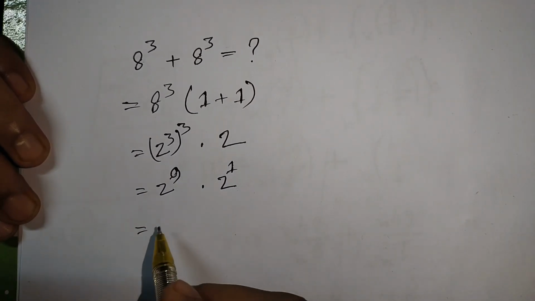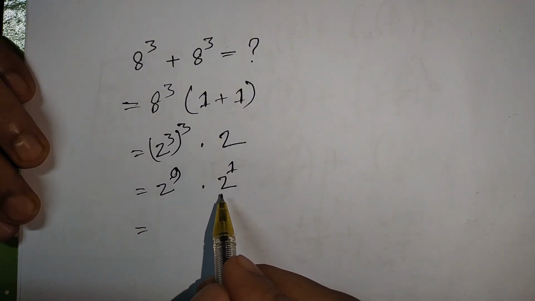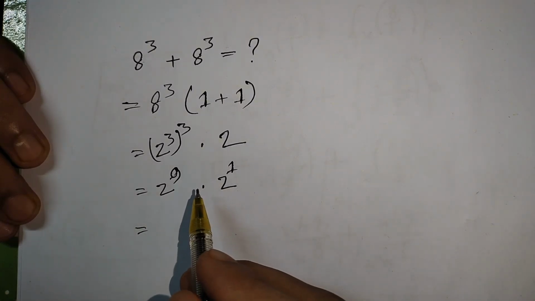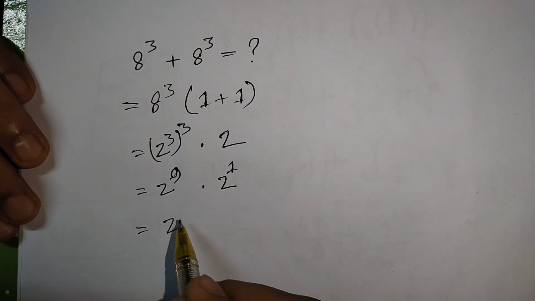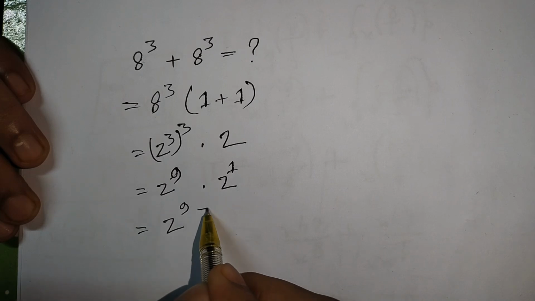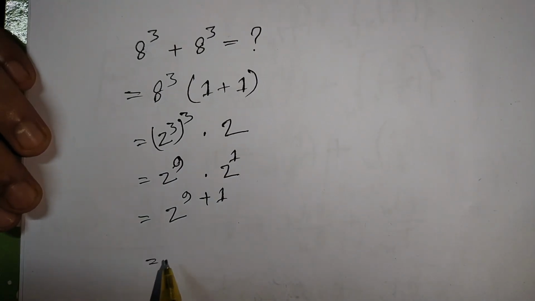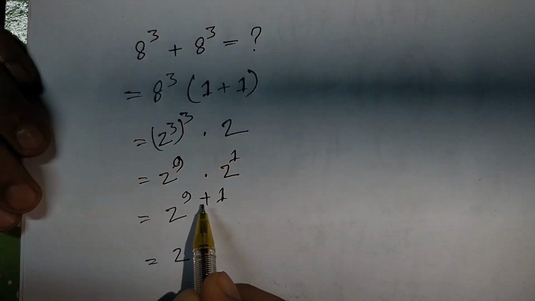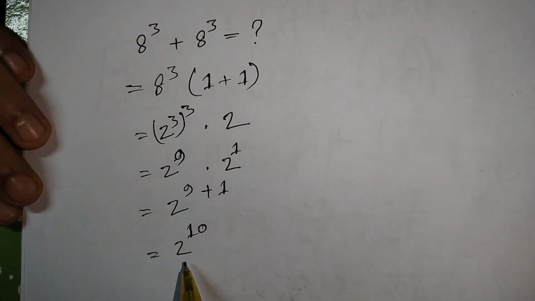So we have the same base but different power. So we can write here common 2 power 9 plus 1, that means 2^10. So 2^10 is the correct answer.